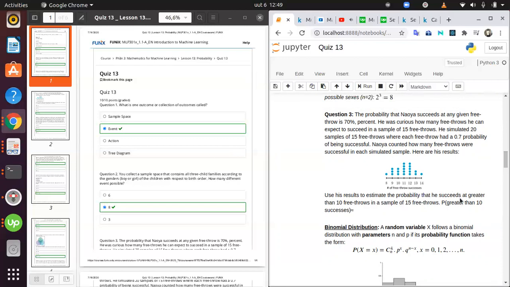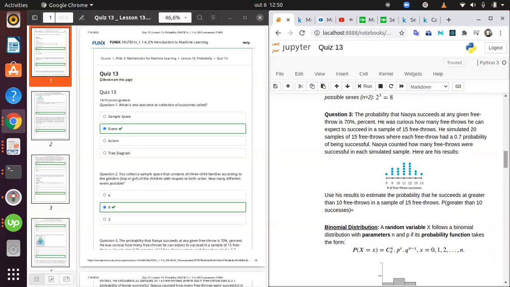So the probability that it is greater than 10 is equal to the probability that it is equal to 11 successes, plus the probability that it is equal to 12, plus the probability that it is equal to 13, plus the probability that it is equal to 14. Do you agree? Hang on. The probability he succeeds how many free throws?